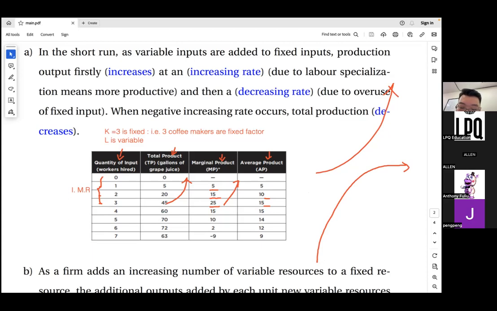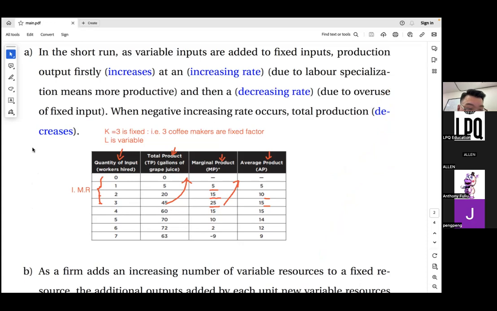The second kind is increasing with a decreasing rate, so still increasing, but slower and slower. So from 0 to 3 is called increasing marginal return.